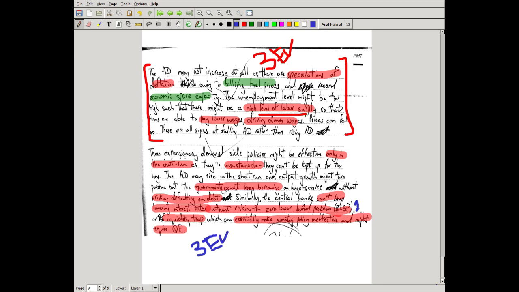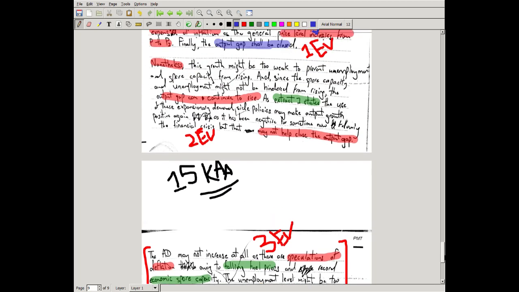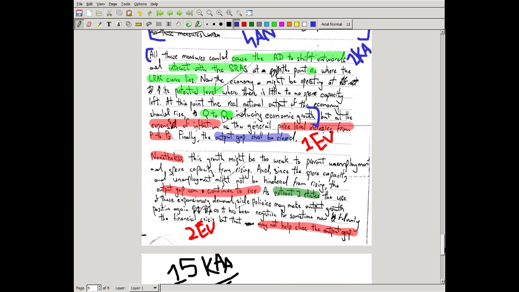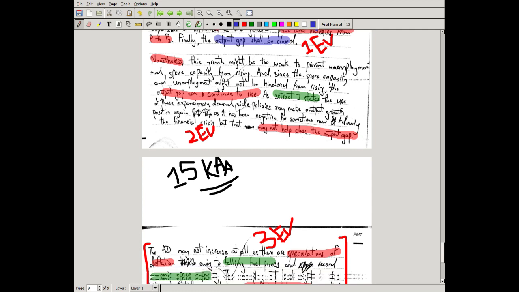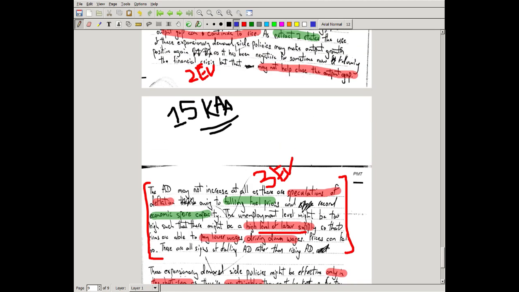So that is overall, as far as evaluation is concerned: 1 plus 2 plus 3 plus 3, that's 6 plus 3, that's 9 evaluation. So 15K and 9 evaluation marks.